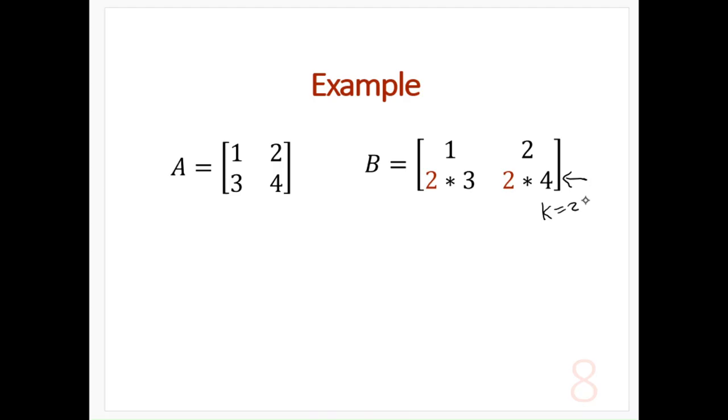So what this means is that the determinant of B in this instance is going to equal 2 times the determinant of A, by what I just showed you from before in that relationship.